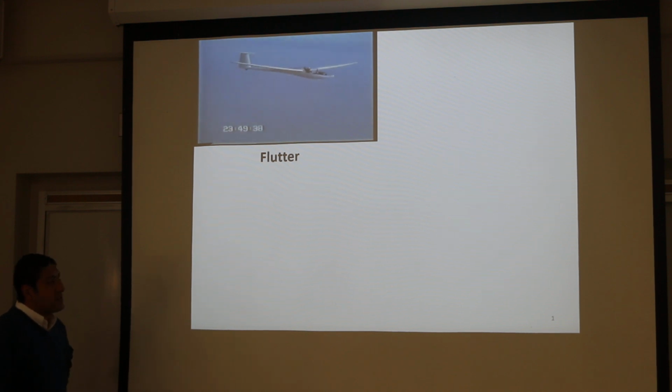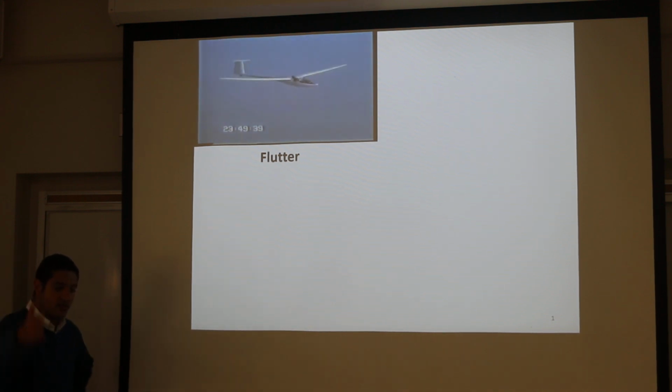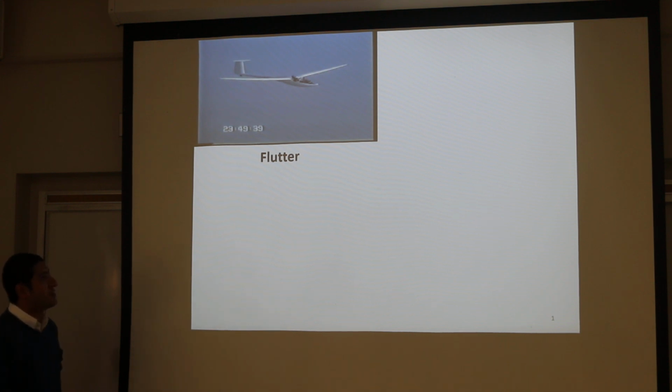So if the airplane exceeds a certain speed, the wing starts to flutter, moves up and down, and twists up and down. So combined pitching and plunging in our discussion, or from a structure point of view, combined bending and torsion. They call it bending-torsion flutter actually.